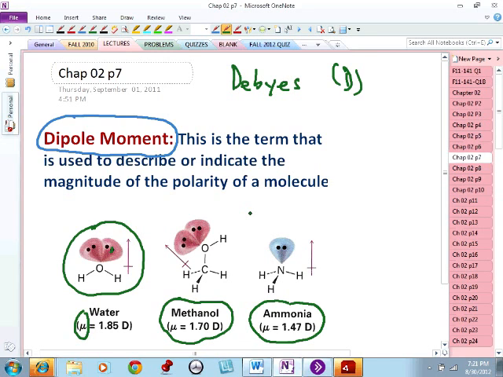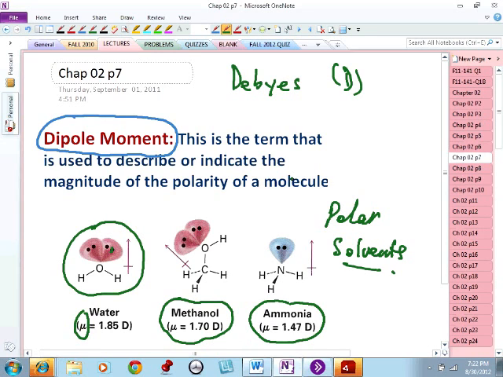Now, this is important because when it gets to chemical reactivity, there are certain reactions that will take place in what we call a polar solvent, as opposed to a non-polar solvent. So each one of these solvents here we refer to as polar solvents, because the net electron distribution within the molecule is uneven.